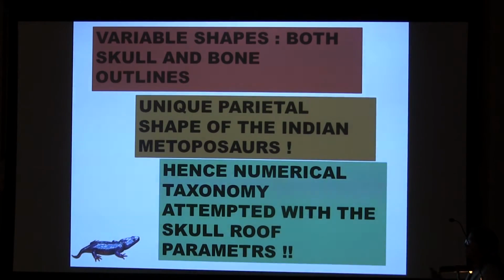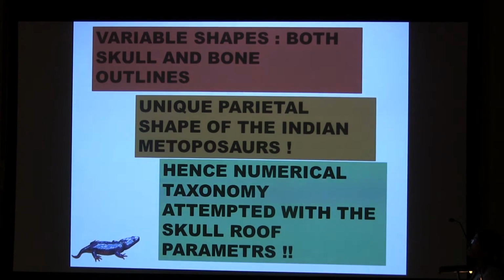So, coming to summarizing the context of the Indian specimens, they are variable in their shapes, both on the skull outlines and the bone outlines. However, there are overlaps when we consider single outlines of shapes. There is uniqueness in the parietal shape in the Indian metoposaur. However, taking into account all the previous shape analysis that I have tried to show, it is the combination that makes each and every form unique in its respect.